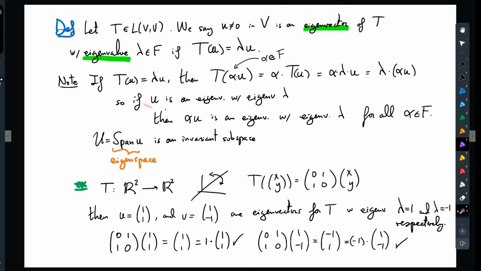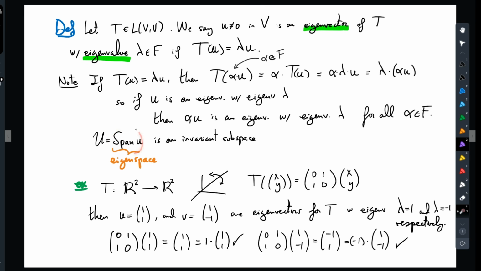So alpha u is also an eigenvector with also eigenvalue lambda. So if u is an eigenvector with eigenvalue lambda, then any multiple of u is also an eigenvector with eigenvalue lambda. So what we say is that not just u is an eigenvector, the span of u is all of them.